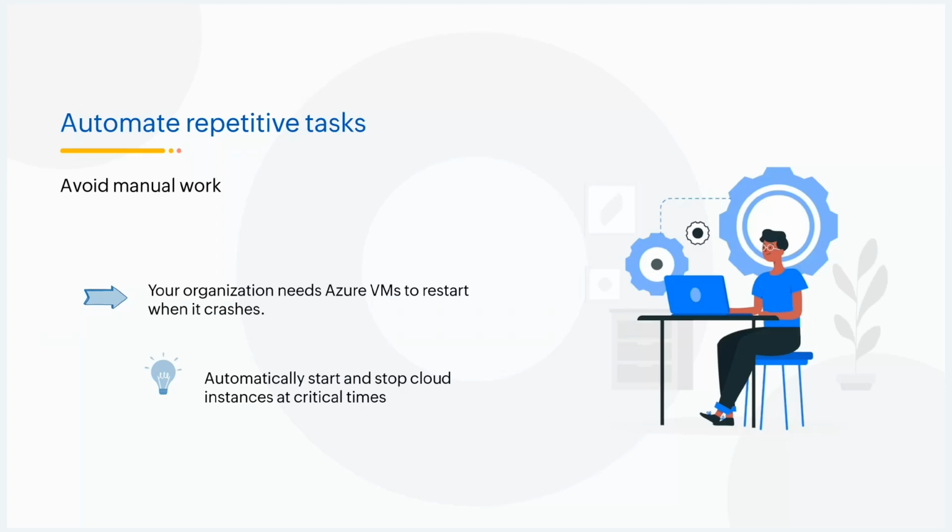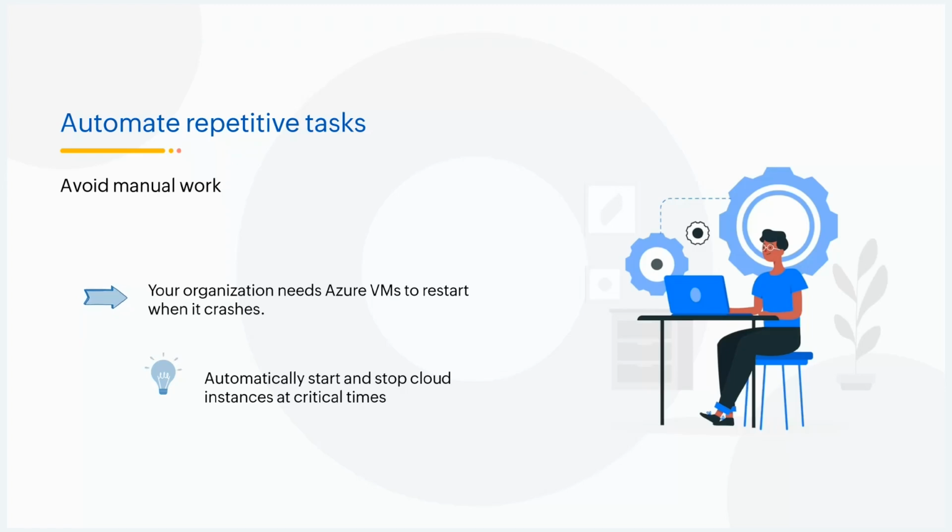We have automate repetitive tasks. So, automating the cloud operations. Now let's talk about the automation here. One of the most effective ways to avoid manual work and improve your efficiency is automation. Imagine you have more than 100 virtual machines in your environment. If a few of them unexpectedly go offline, manually logging into the Azure portal to restart them would be a hassle, right?